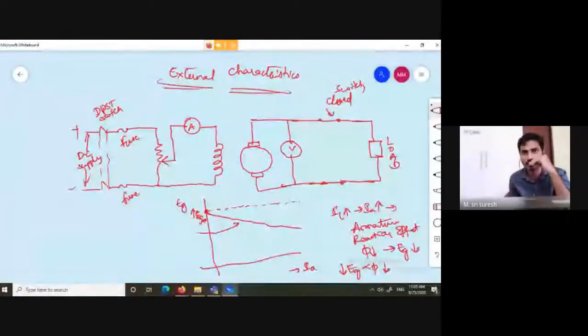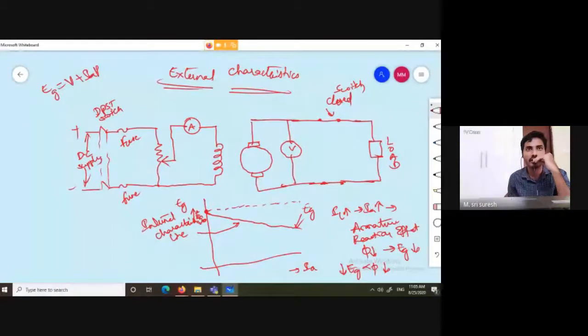Okay. So from this internal characteristics line, this is the EG line, the obtained EG line. Now, what is the EG equation for a separately excited generator? EG is equal to V plus IARA.